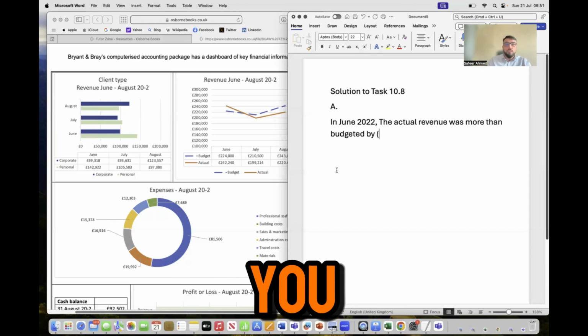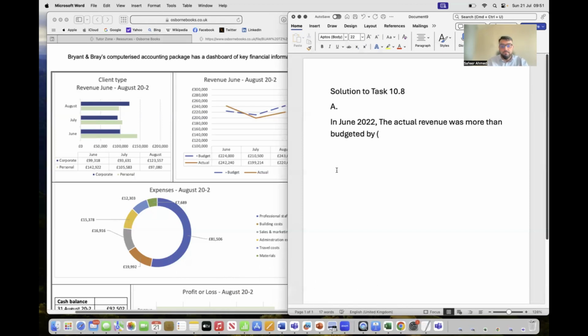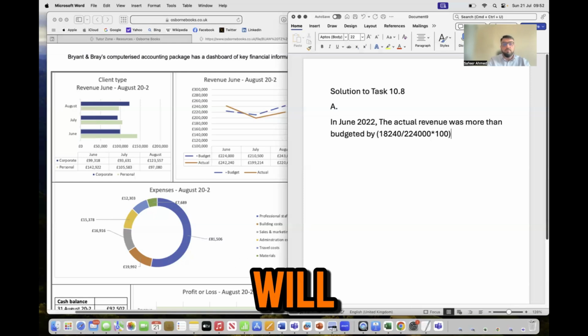So what you need to do: 242,240 minus 224,000 gives you 18,240, divided by the budgeted amount, which is 224,000, and times 100. That will give you the percentage by which it was higher than the budgeted one, which gives you 8.142, something like that.